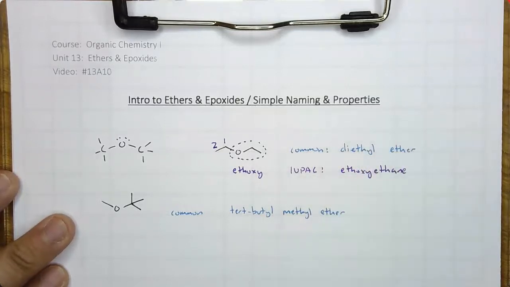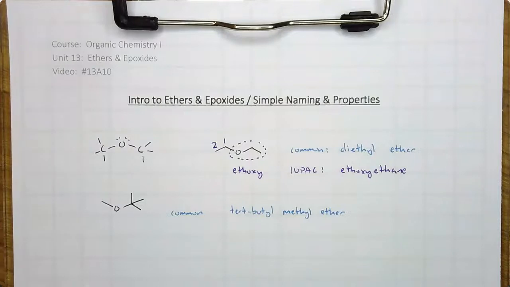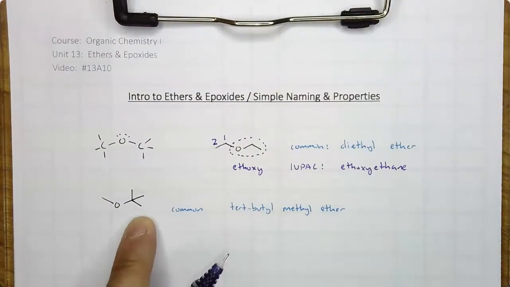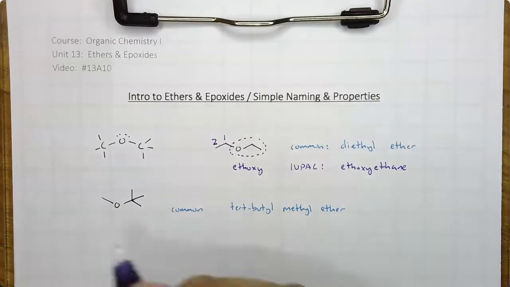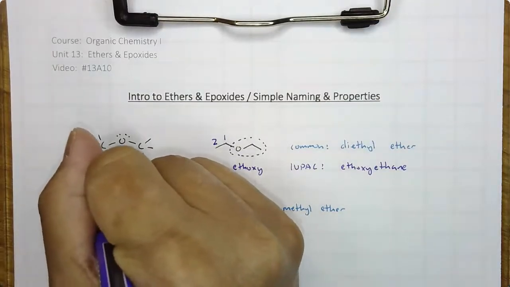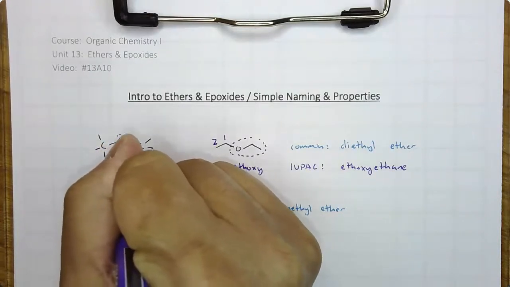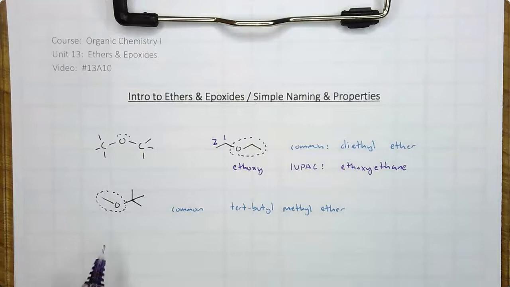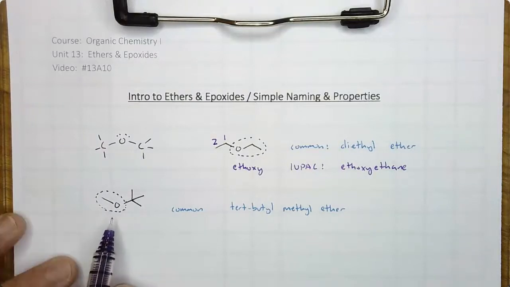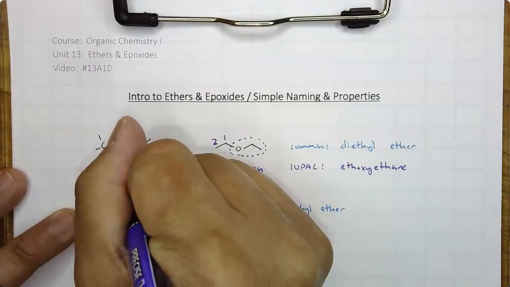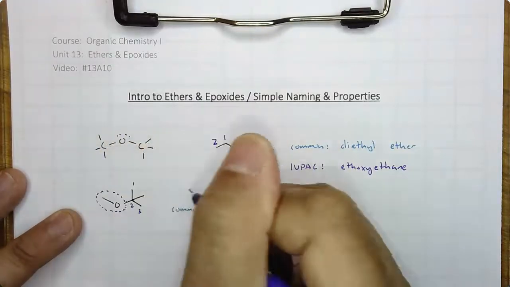But what about doing this systematically? Well, the side that has more carbons will be the parent, and then this side will be the substituent. For ethers, I typically circle the substituent first, and then you could just treat this like a substituent. Pretend this is bromine. How would you name this molecule? Well, you would number it like that.